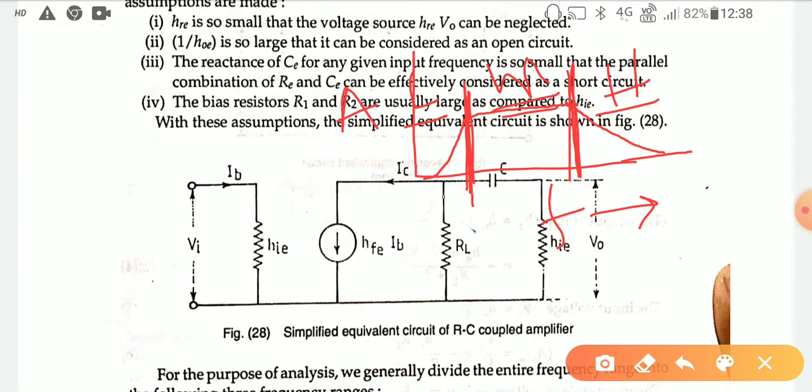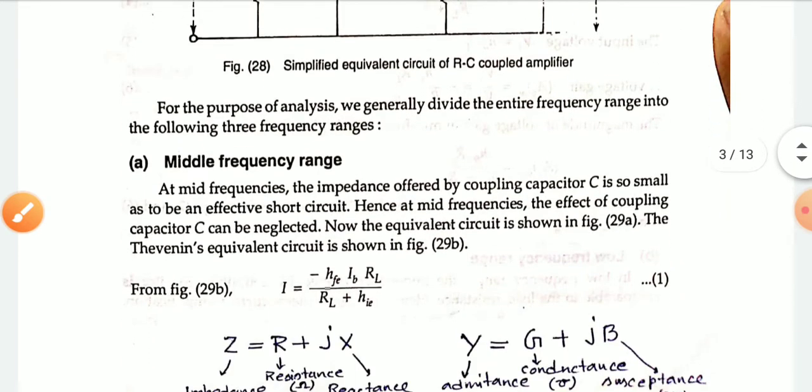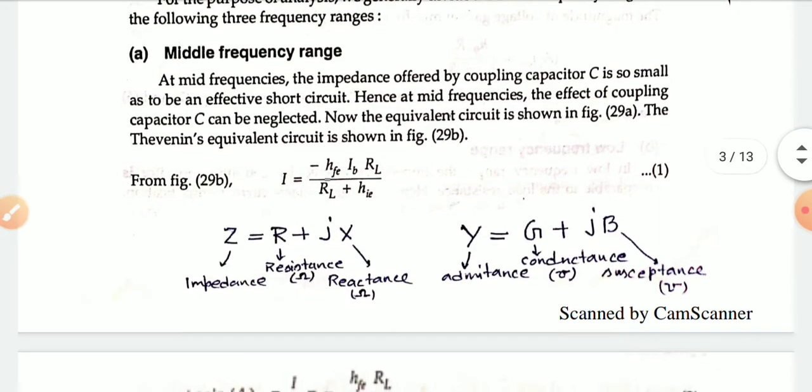So we have to get these three regions for any kind of amplifier with respect to frequency: the mid frequency region, the high frequency region, and the low frequency region. Initially we talk about the mid frequency range.